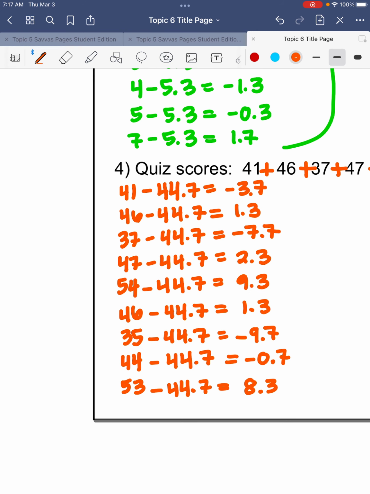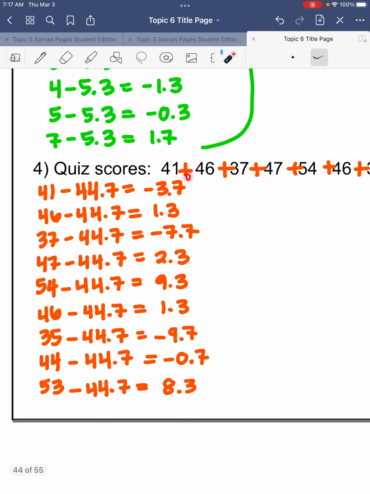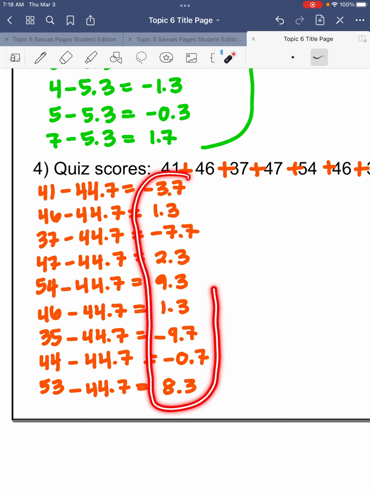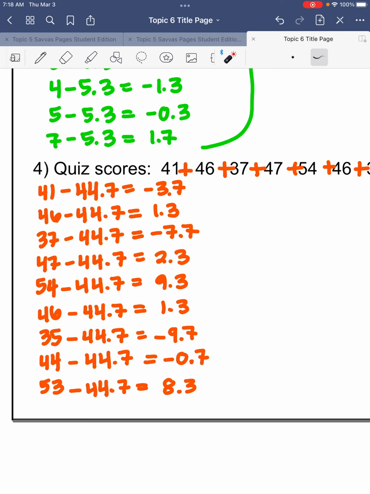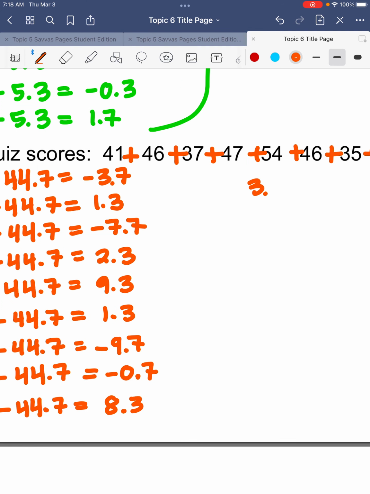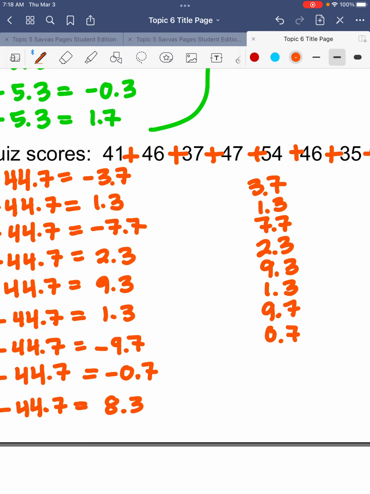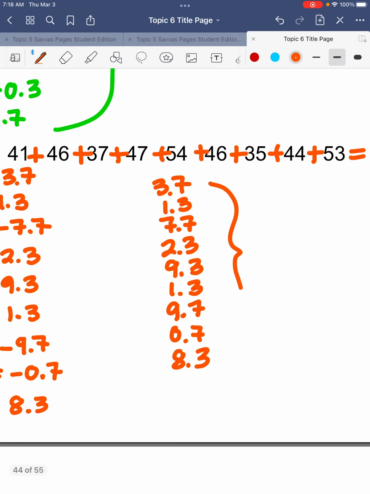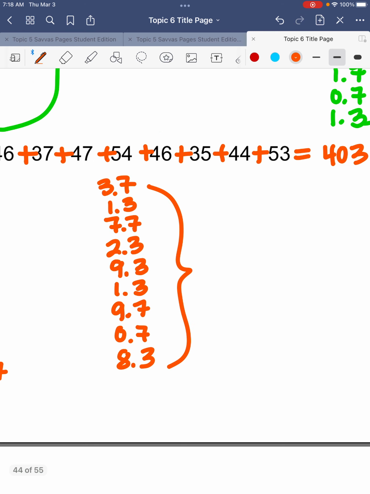Okay, so now that I've done that, I'm going to take all of these new terms right here and make them positive. So I'm taking the absolute value of each one, but I'm just going to rewrite them so that they're all positive. So we have 3.7, 1.3, 7.7, 2.3, 9.3, 1.3, 9.7, 0.7, and 8.3. And now I'm going to add up all of those terms. I'm using my calculator.